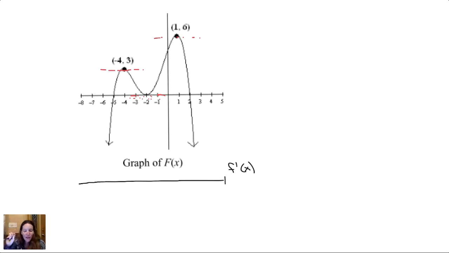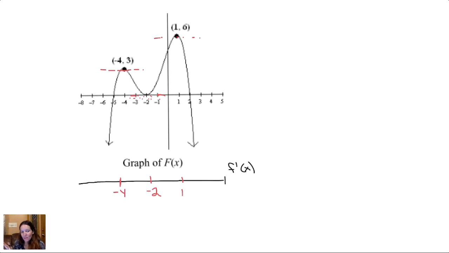So if the slope is a horizontal tangent there, then my derivative equals 0 there. So I know that on my f prime of x I have a 0 at -4, at -2, and at 1. And those are the 3 places that f prime of x is equal to 0.